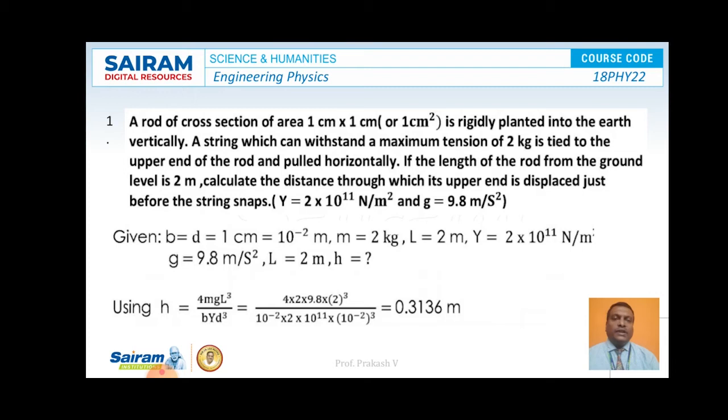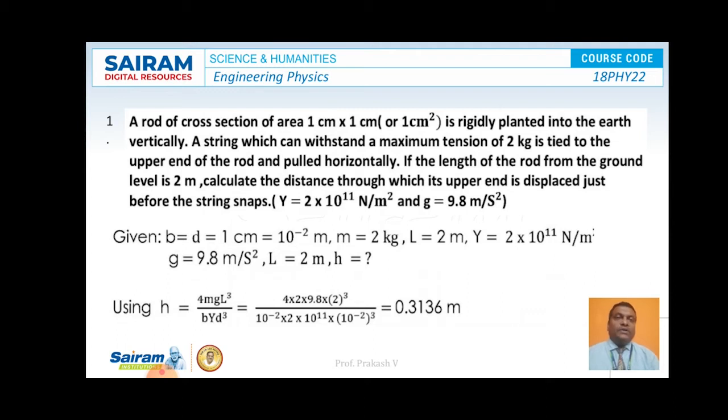And we know that for cantilever experiment, the value of h is 4mgL cube by 3Ybd cube. Here Y is Young's modulus, d is thickness, b is breadth, m is mass that we applied, g is acceleration due to gravity, and L is length of the cantilever. By applying all these values into this formula, and on simplification, the value of depression h is calculated as 0.3136 meter.